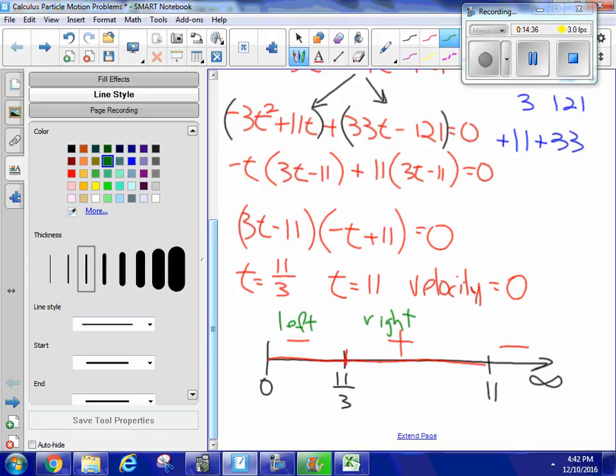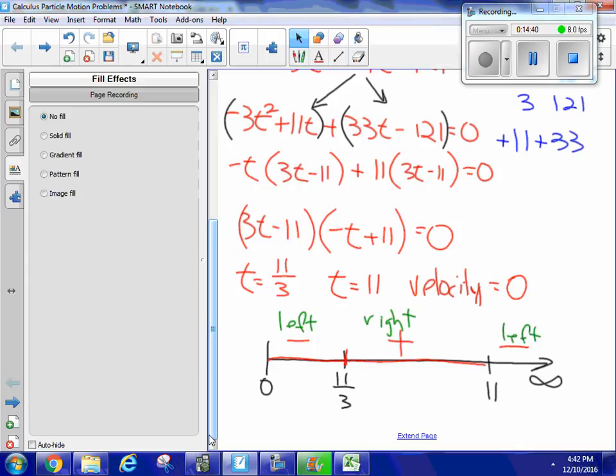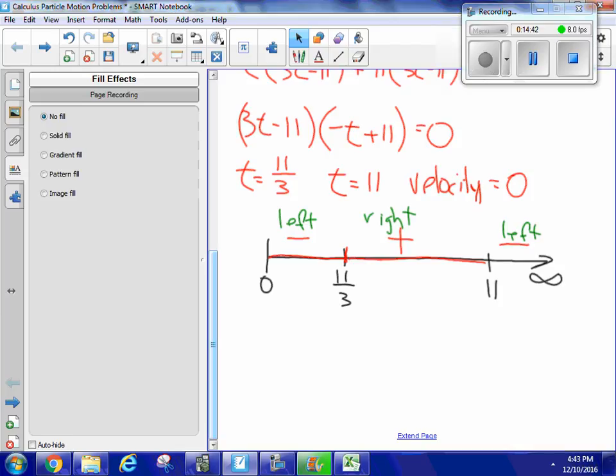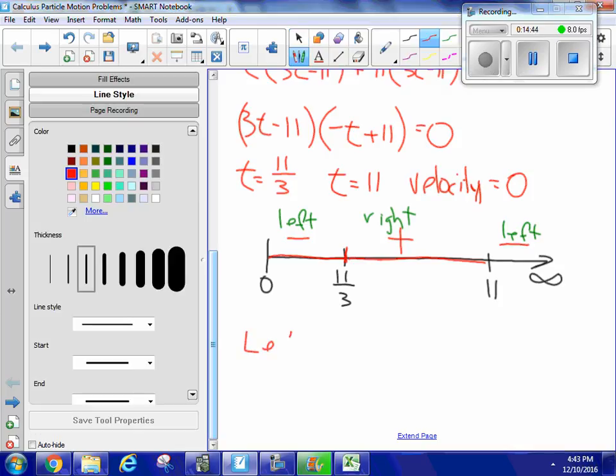So if I was to answer that using interval notation, I would say I'm going left from 0 to 11 thirds, union 11 to infinity. And I'm going right from 11 thirds to 11.